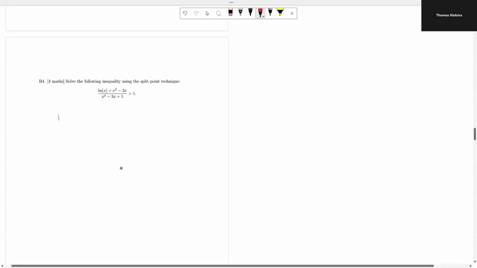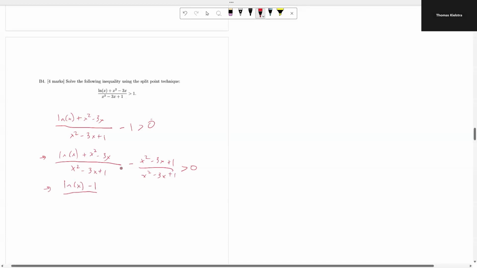So here we have ln of (x plus (x squared minus 3x)) over (x squared minus 3x plus 1) minus 1 is greater than 0, which implies that ln of (x plus x squared minus 3x) over (x squared minus 3x plus 1) minus (x squared minus 3x plus 1) over (x squared minus 3x plus 1) is greater than 0, which implies that ln of (x minus 1) over (x squared minus 3x plus 1) is greater than 0.